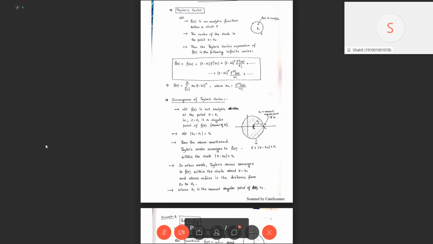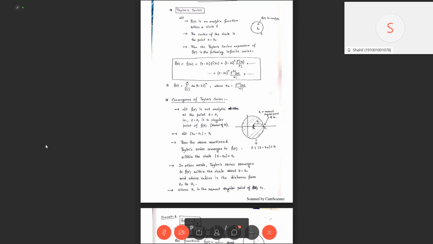The convergence means the sum of the infinite series, that is the RHS, the sum of all the elements of the RHS. But sir, at the beginning, inside that box, we have defined that f(z) is equal to this series.